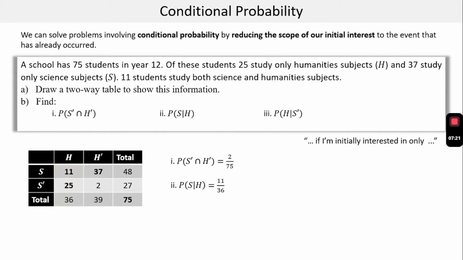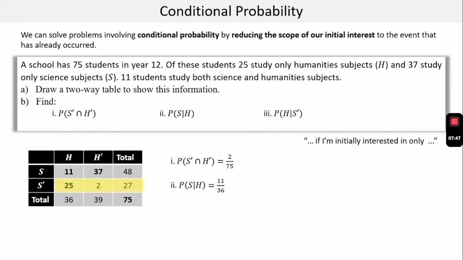The next question, the probability that somebody studies a humanities subject given that they do not study a science subject. The probability of H given S dash. The probability of H given not S. So, my initial interest is for the students who do not study a science subject.